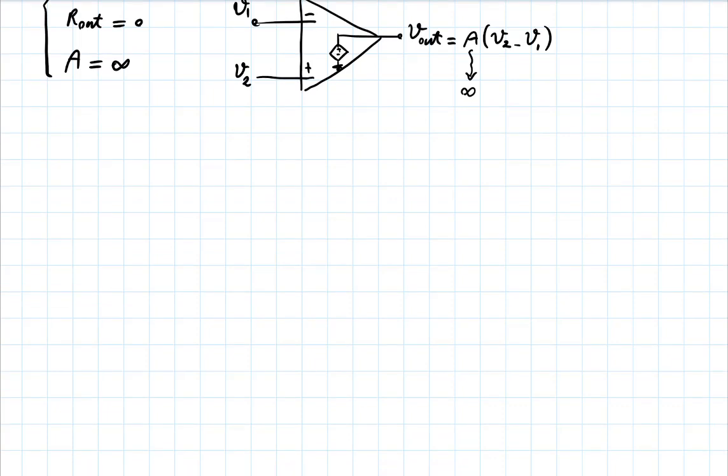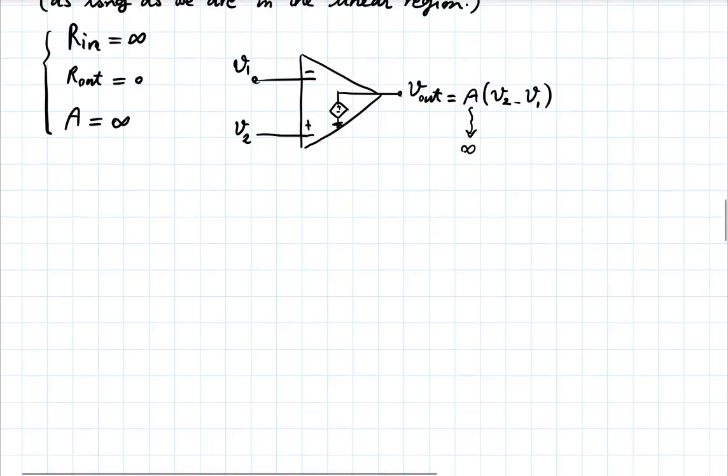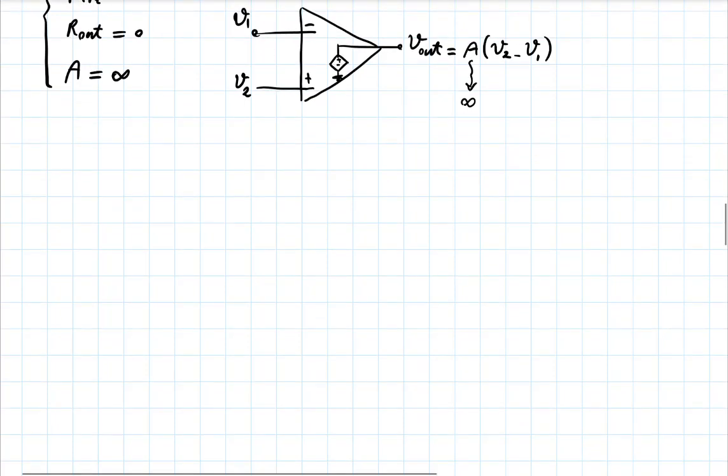Trust your math. If V out is a finite number and A is infinity, what does that say about V2 minus V1? 0. Yeah.